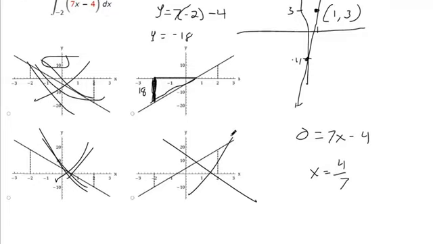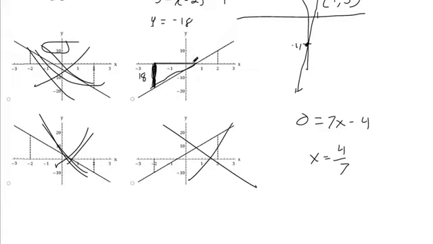So we've got 0 to 4/7 plus a distance of 2 here. So this entire line, because we're trying to find the area of the triangle, this entire line is 2 and 4/7.